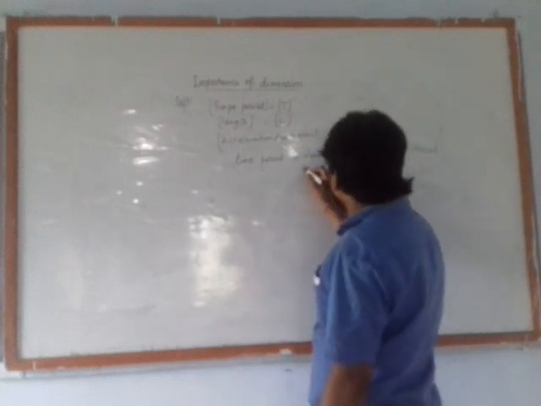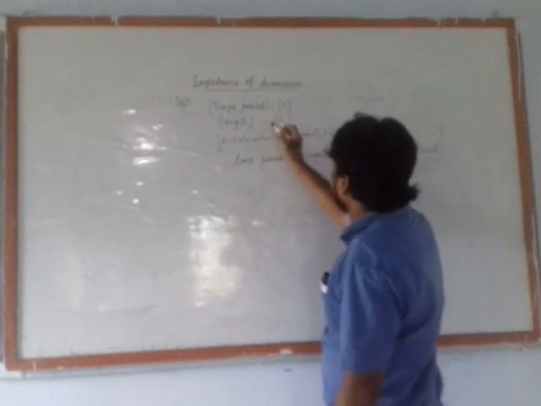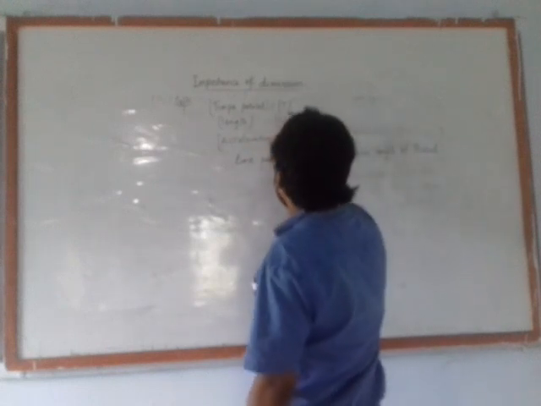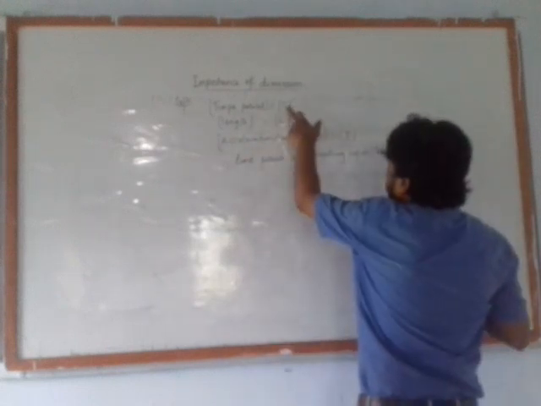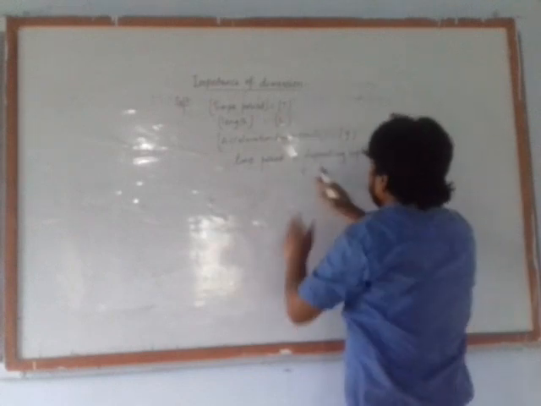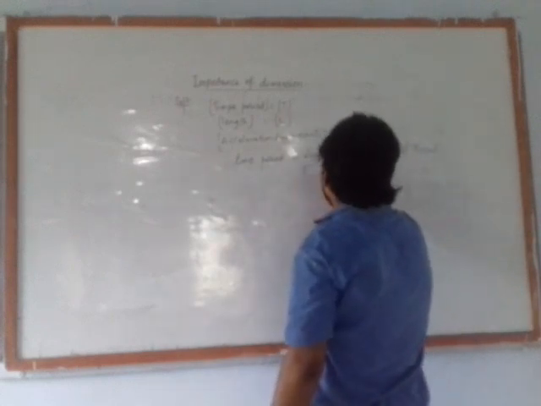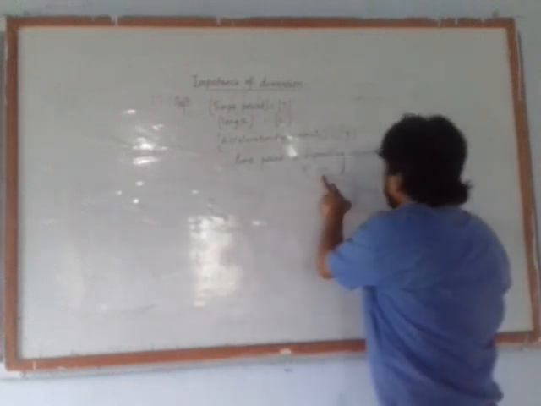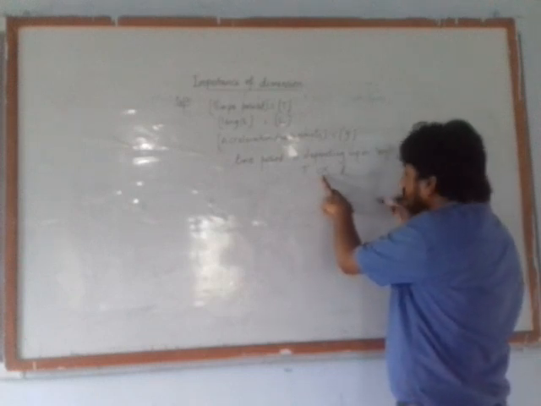So suppose here the time period is t, small t you can represent, and then this is the dimension. So t depends on L. Now here if I write directly proportional, that is wrong. So I have to put powers a, b, c.